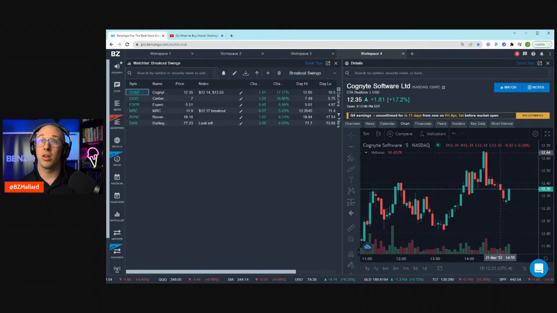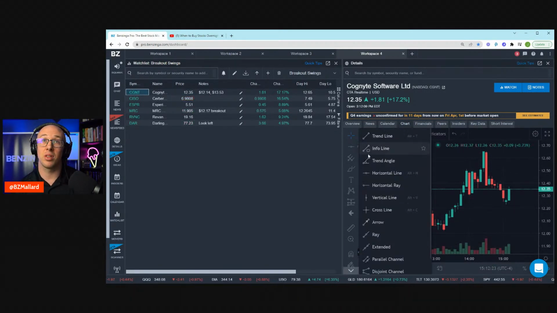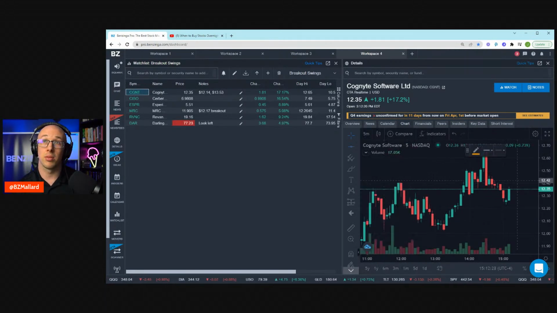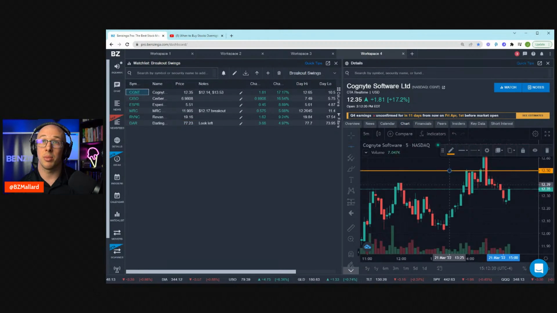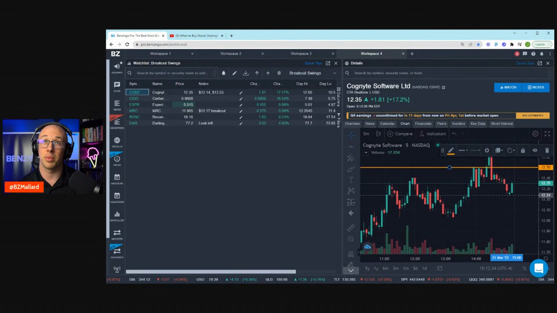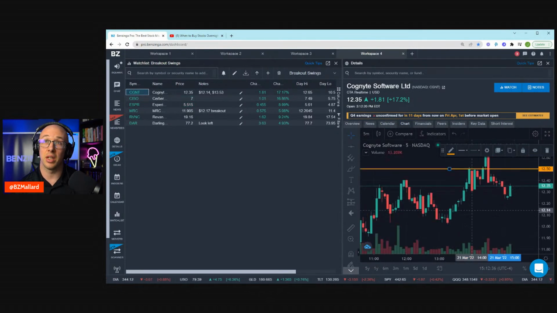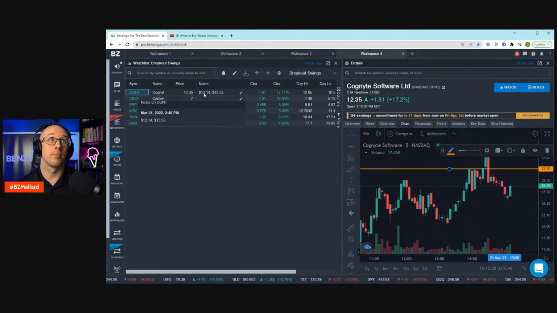So I don't know. I will wait to see how this is doing in about half an hour here. I would at least want to see it above 12.50 pretty much, if I'm going to do this overnight. So I might even add that to my notes here.